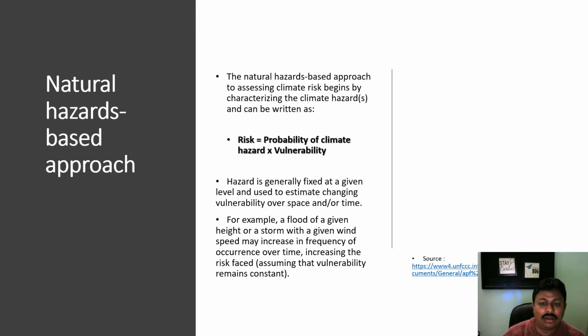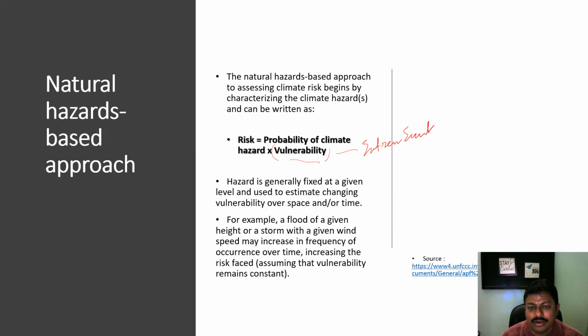Now here, as I have discussed, risk for the natural hazard based approach is the probability of a climatic hazard into vulnerability. That means this vulnerability is not your capacity of adaptation or sensitivity or susceptibility. This vulnerability indicates the magnitude of the extreme event, and its probability.